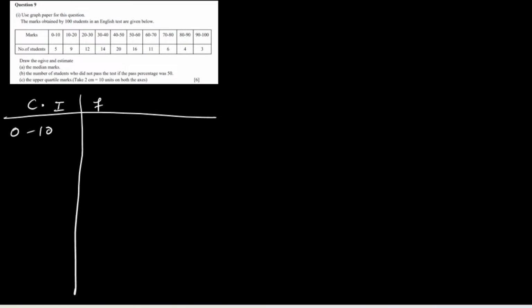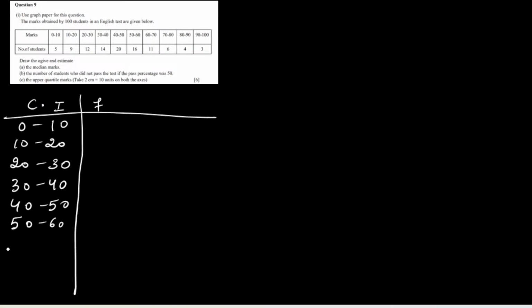So I'll rewrite the class intervals here: 0 to 10, 10 to 20, 20 to 30, 30 to 40, 40 to 50, 50 to 60, 60 to 70, 70 to 80, 80 to 90, and 90 to 100. So these are the intervals.